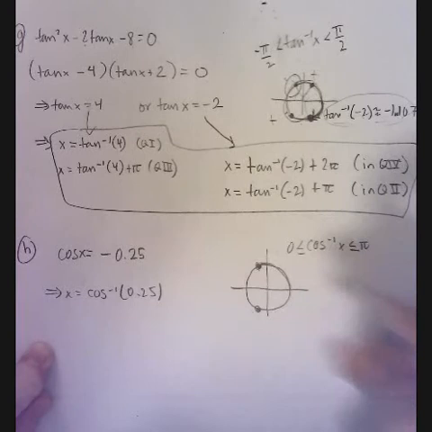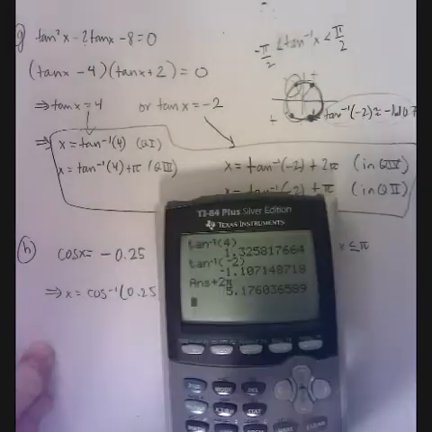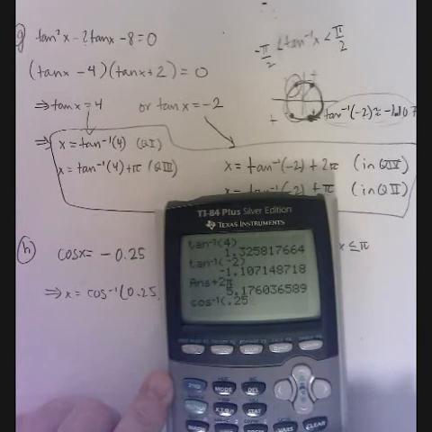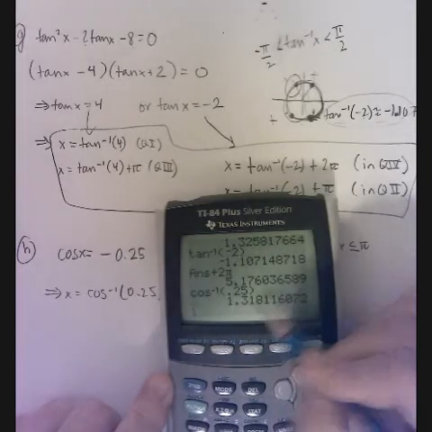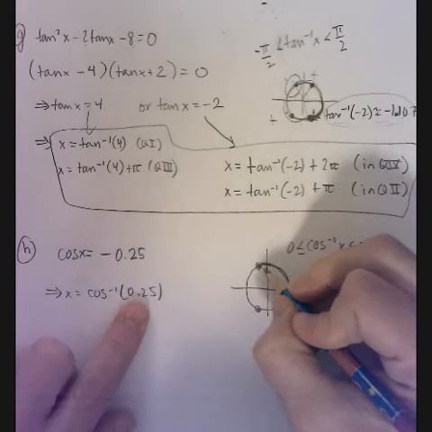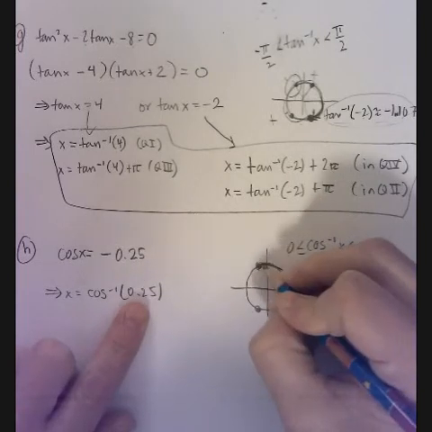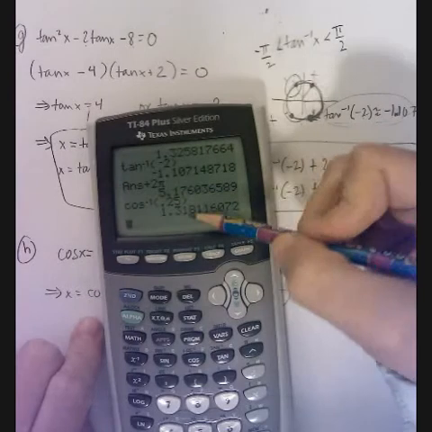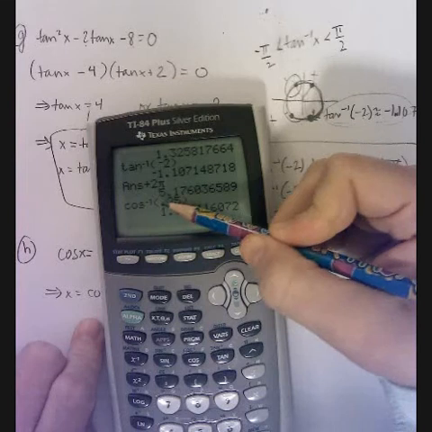So notice, again, you can use your calculator to get a feel for how big these numbers are. It's about 1.318. Wait a minute, that should be bigger than 1.57. That's because I put a positive in there, not a negative.